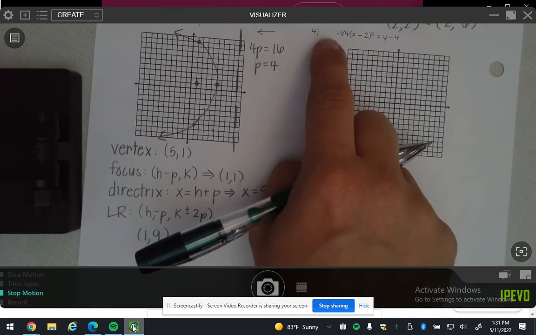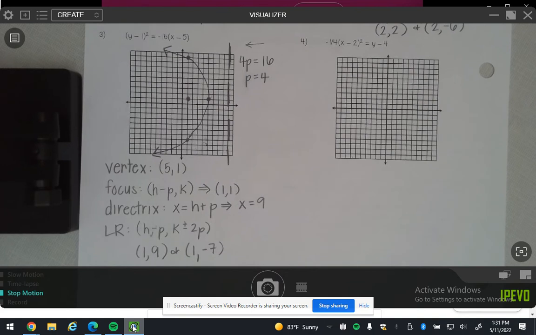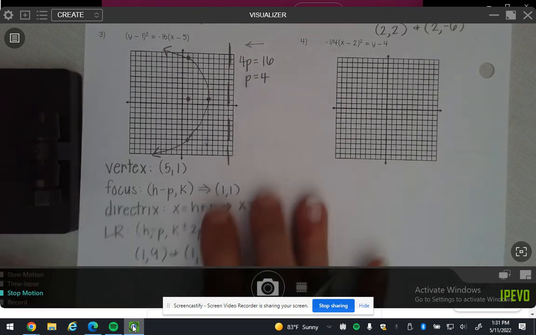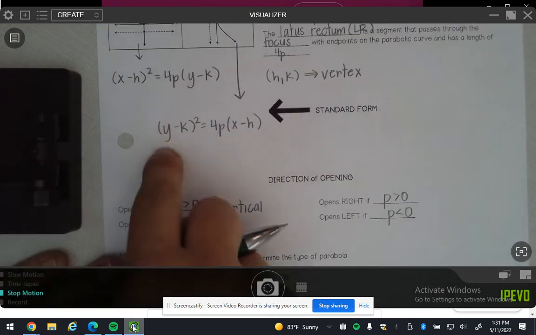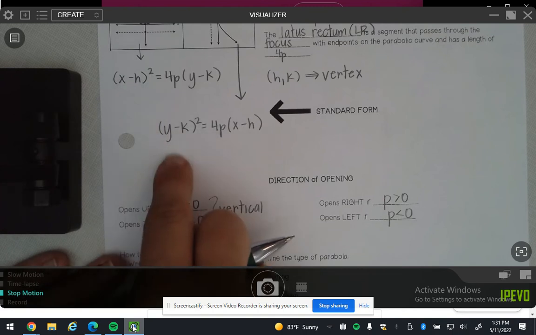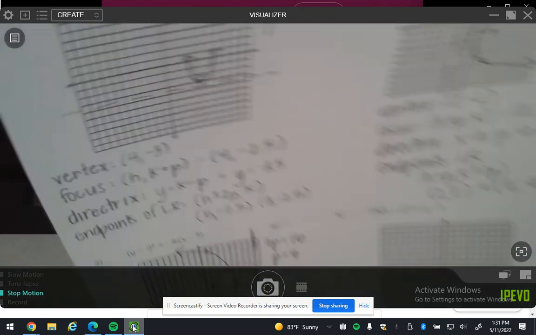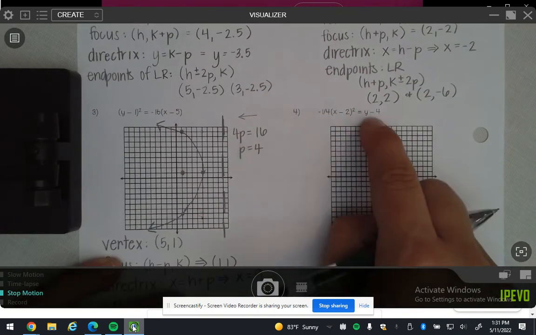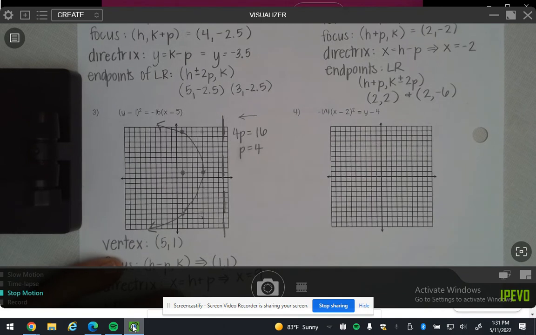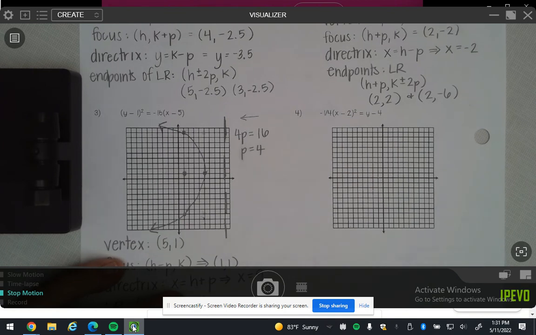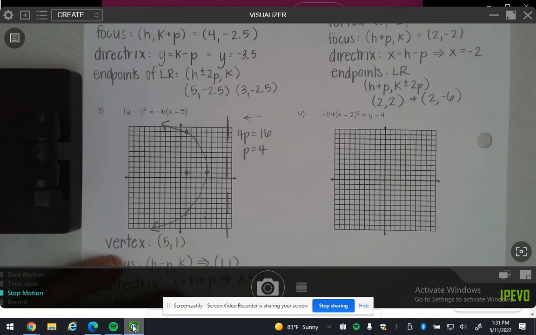What's the difference in number 4? There's a negative 1/4. Do I have any equation over here where there's a coefficient on this side of the equation? No, so it can't be on that. How do I take this negative 1/4 and move it to the other side? What's the negative 1/4 doing to the parenthesis?